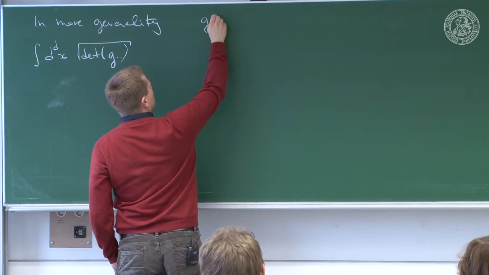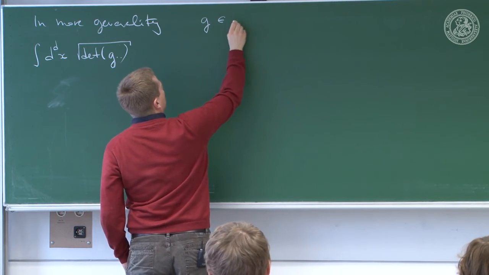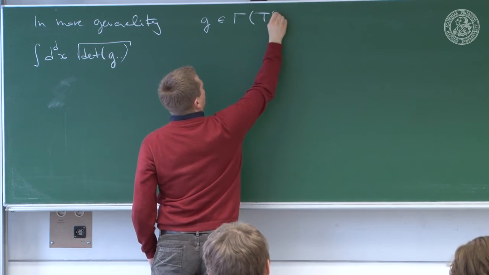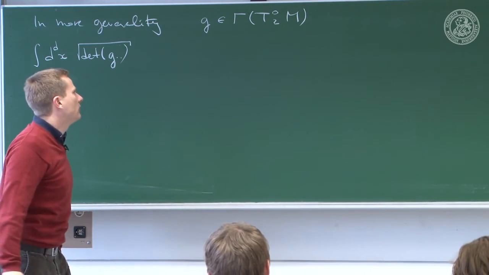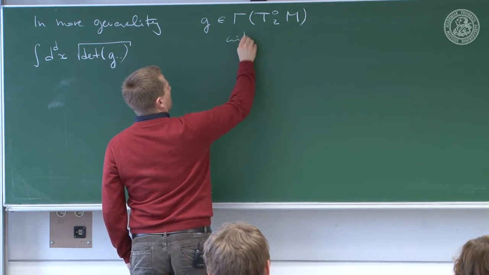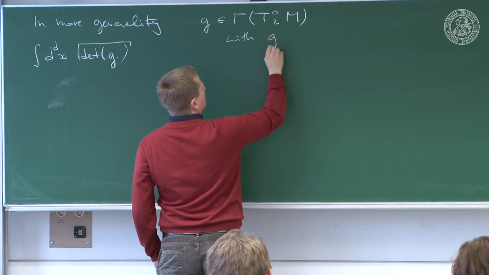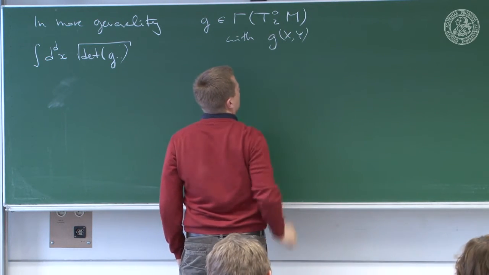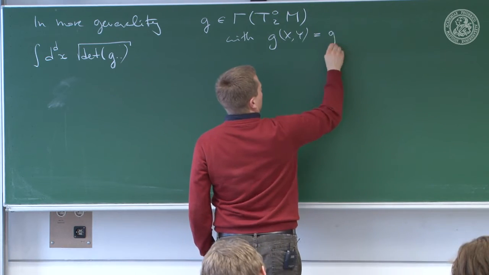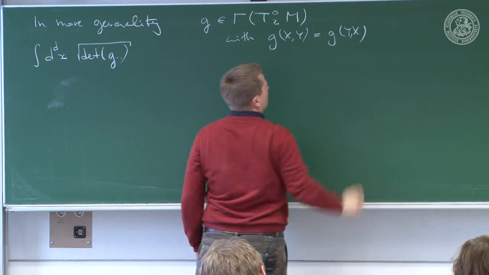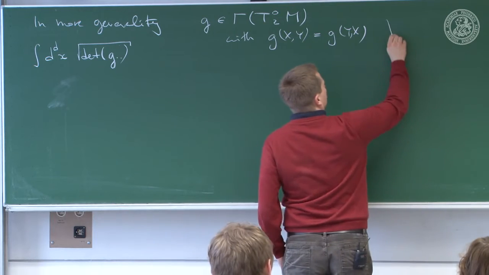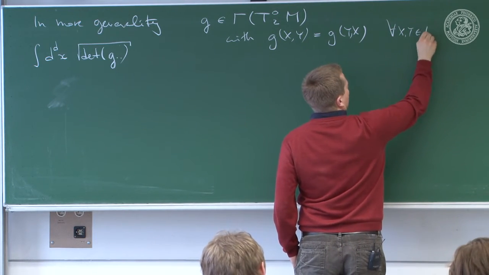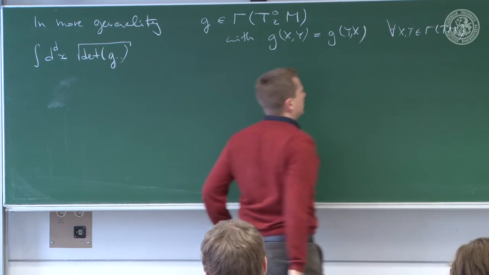So let G be a section of the 0,2 tensor bundle over M, over the base space, with the property that if you plug in two vectors, this is the same as plugging them in the opposite direction. So this is for any x, y being vector fields.